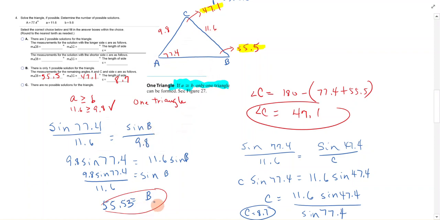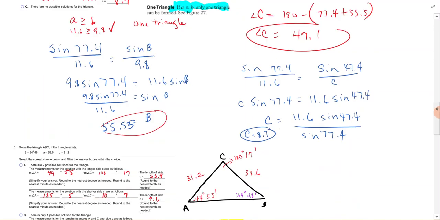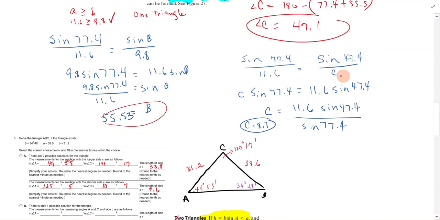You come down and you get 55.53 is angle B. Side C, angle C, you can just add those two and subtract from 180. And then to get the other side, you can do law of sines again. So it's really just deciding what you need to find to do that.